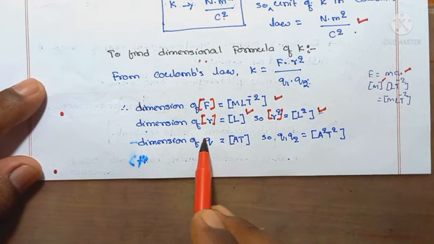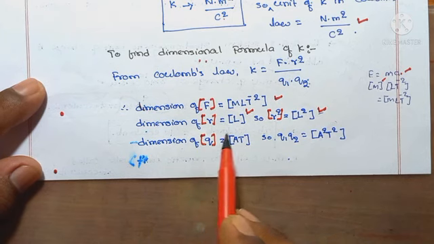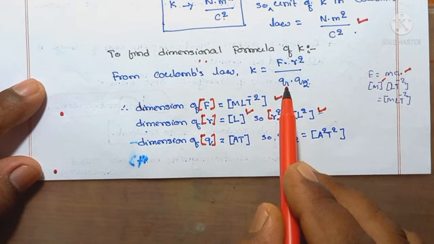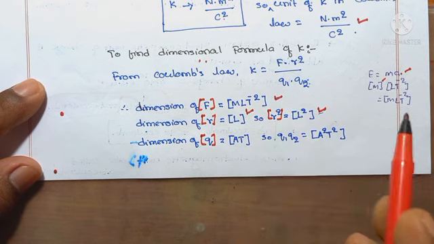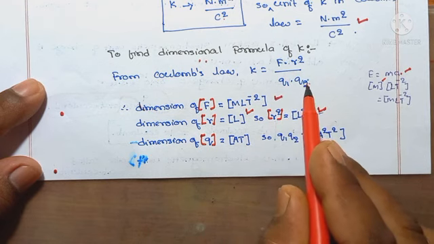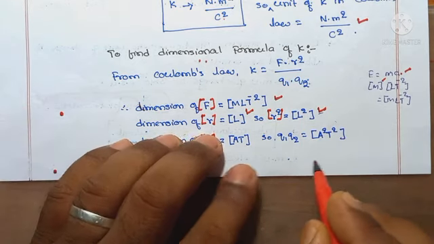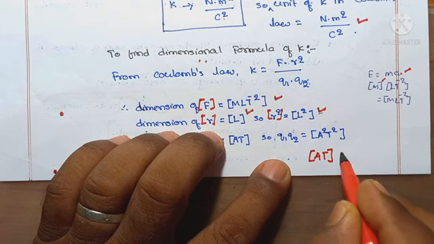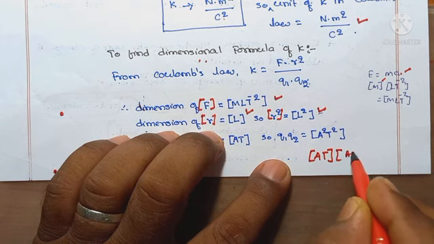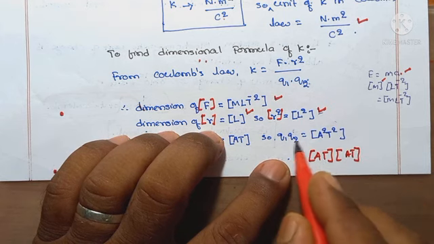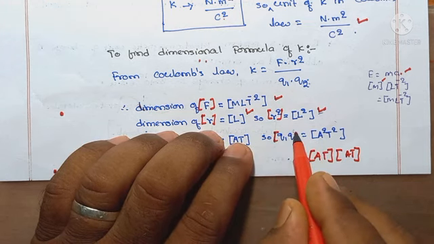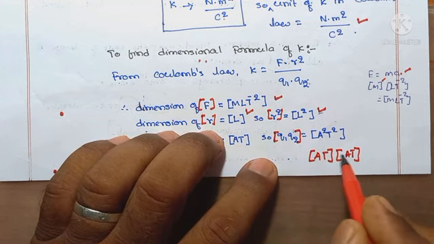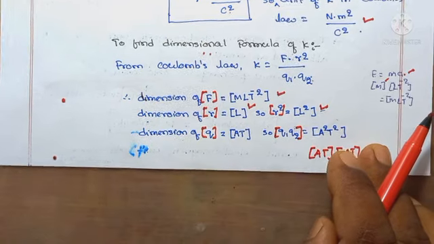The dimension of charge is A T. Q1 is also charge, so for Q1 we write A T, and for Q2 we also write A T. So Q1 Q2 is A square T square.